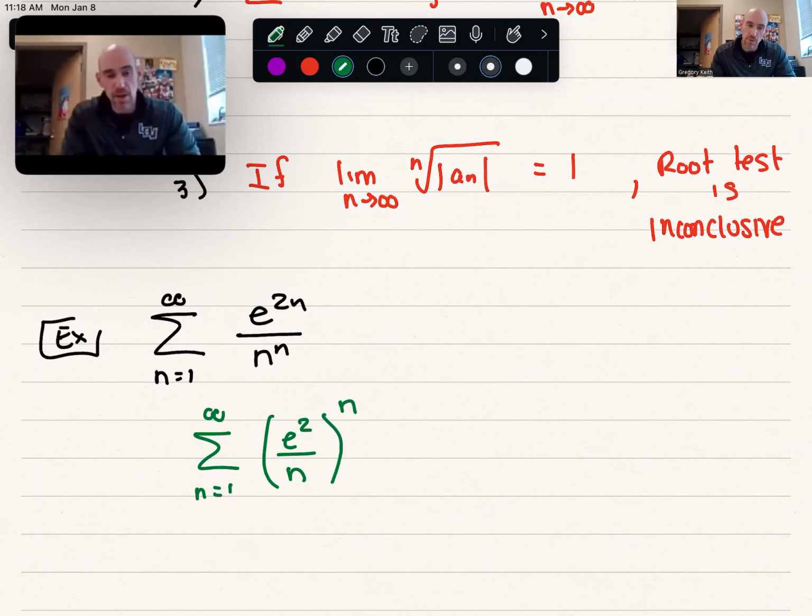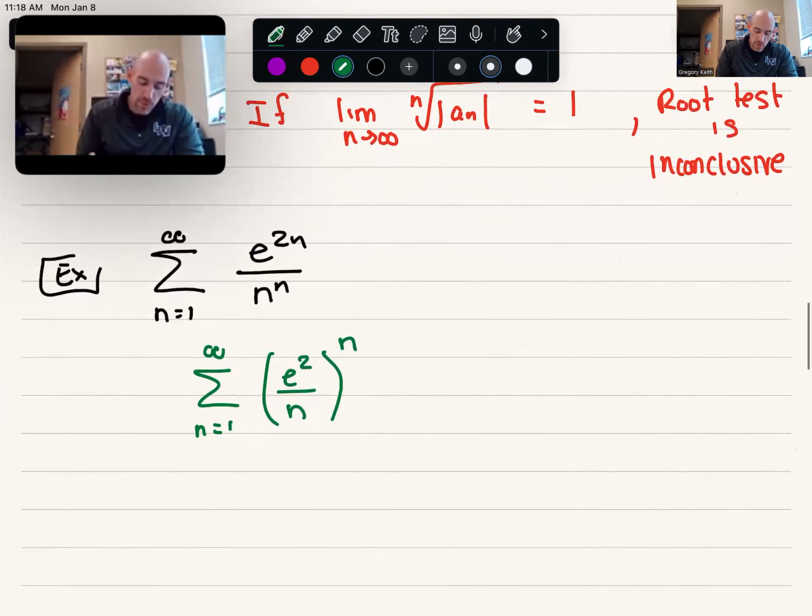Because remember, when you raise a power to a power, 2 times n is going to give us 2n, and the bottom would just be raised to the n. So there are no extra pieces; the whole thing has to be raised to the nth power in order to do this.